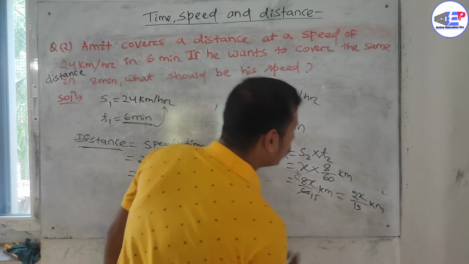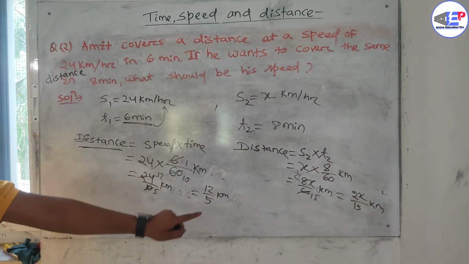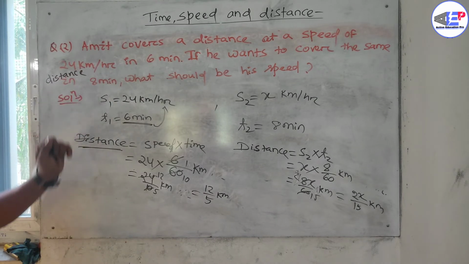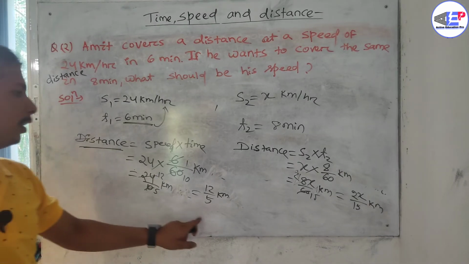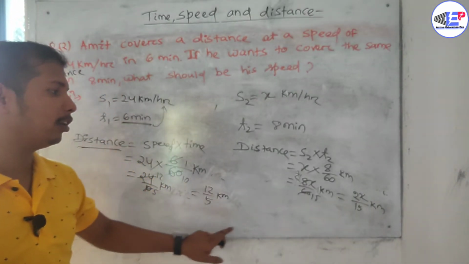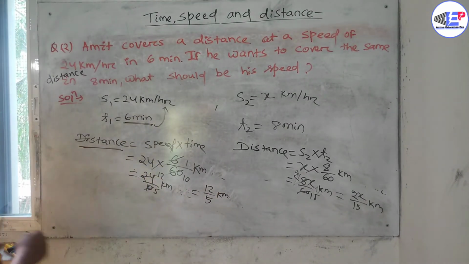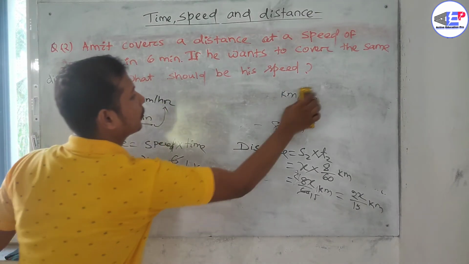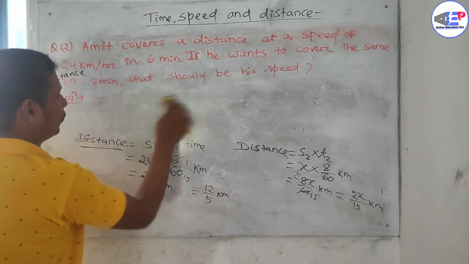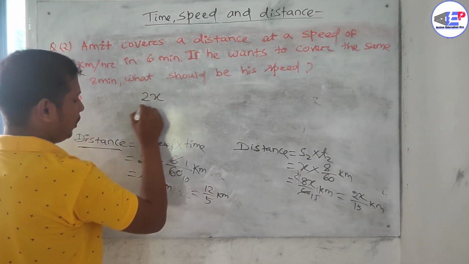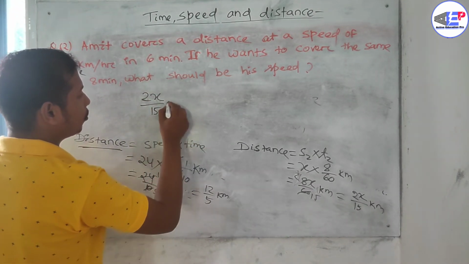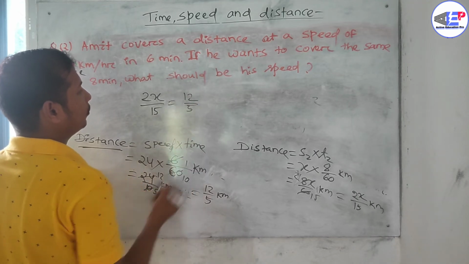We know that these two distances are the same because Amit covers the same distance in both cases. So now we will equate these two values and find the value of x. So 2x by 15 will be equal to 12 by 5.